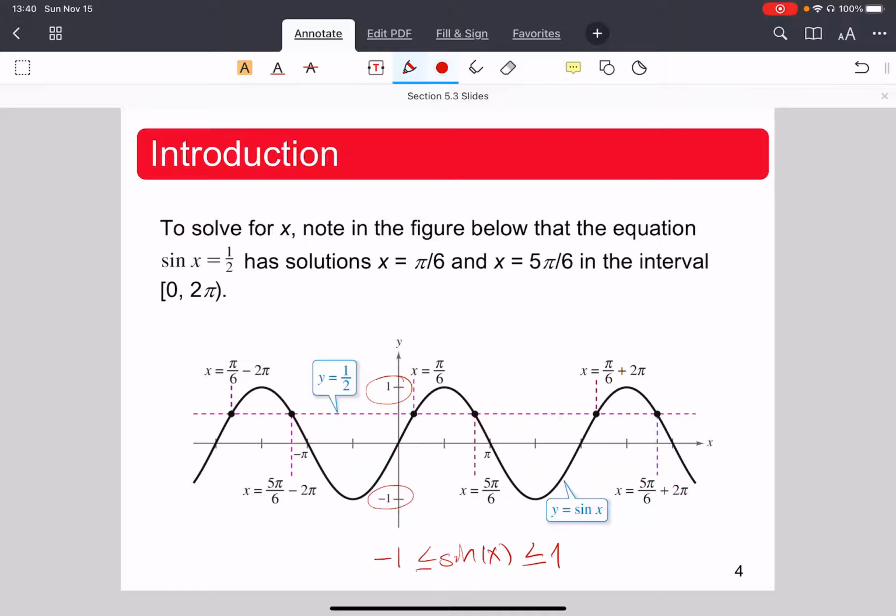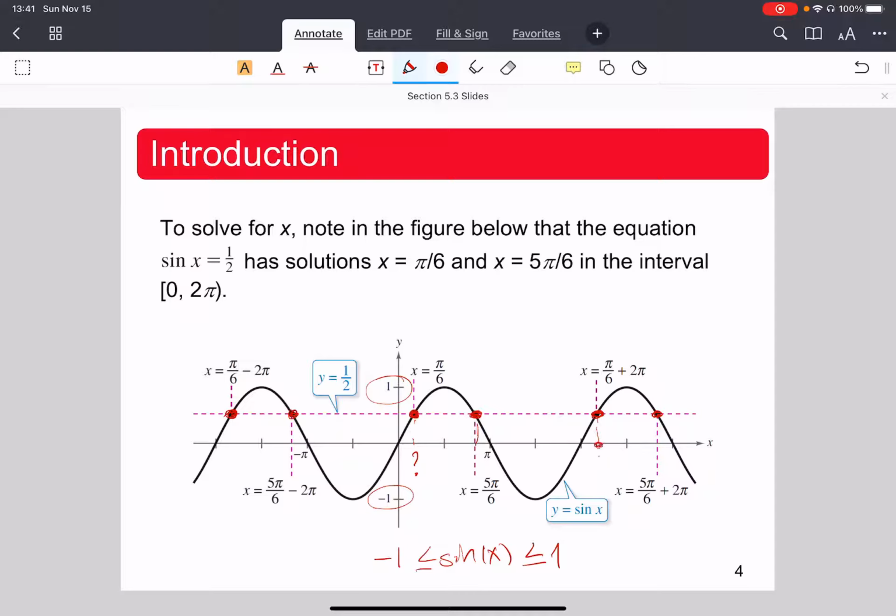And so what we're interested in, though, is where does the sine function become 1/2, right? You guys notice with these red dots, somewhere around this area it's always going to be 1/2, same on the negative side and positive side. So I'm investigating what x will give you that red dot, or the second one, or this one.